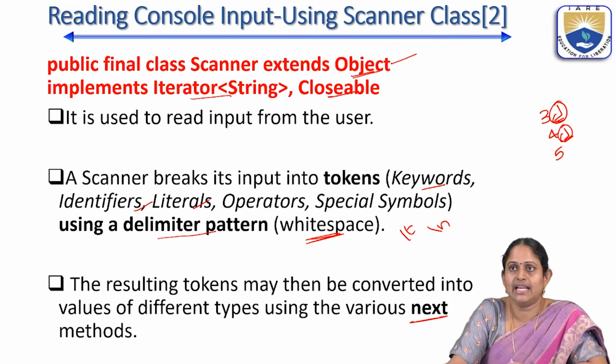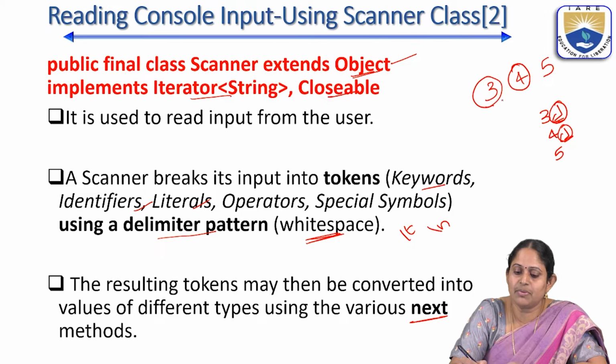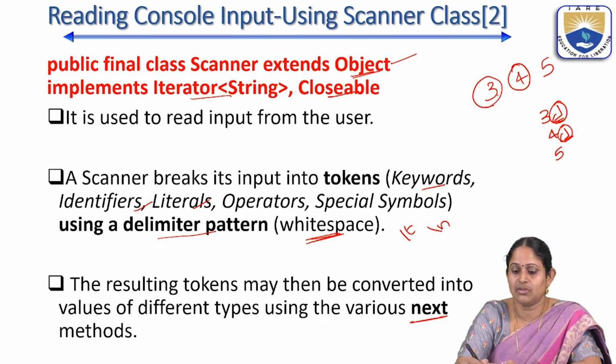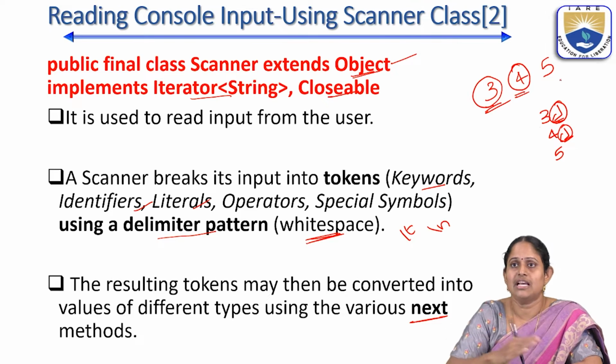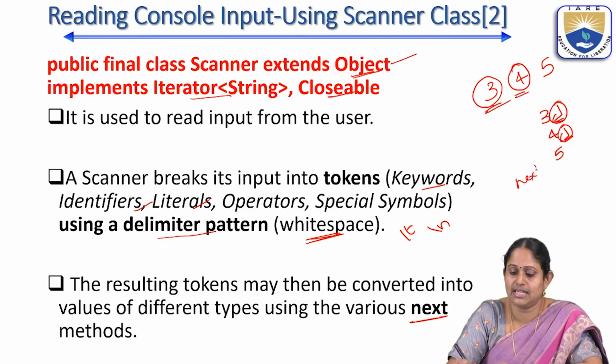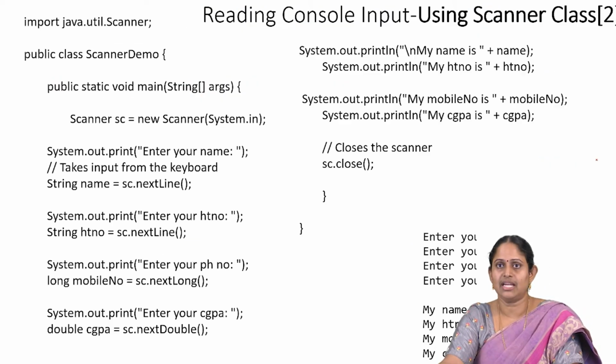These are all taken as delimiters, and so it will separate 3 as one token, 4 as another, and 5 as another token. Now these are read as strings, and they have to be converted into integers. So it will use the nextInt method to convert them into corresponding integers.